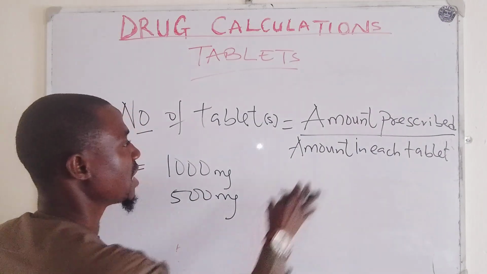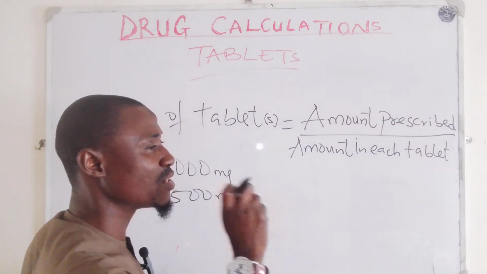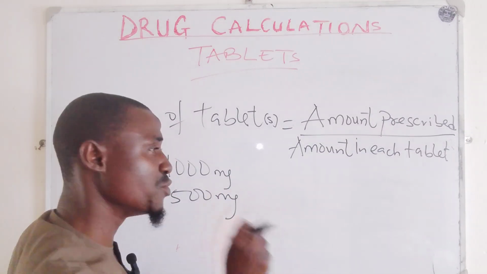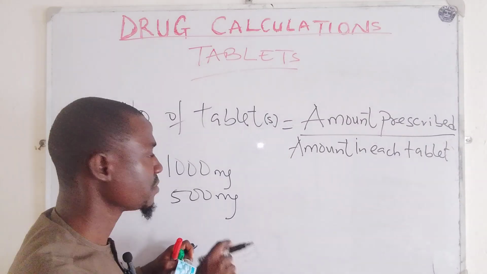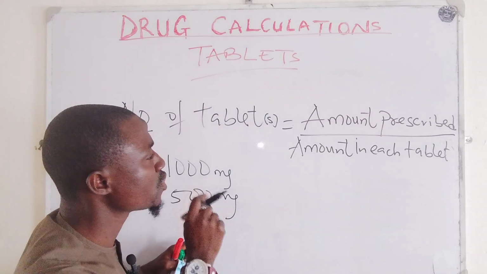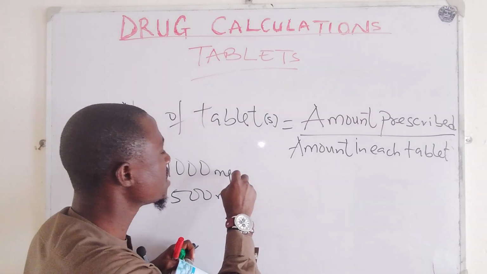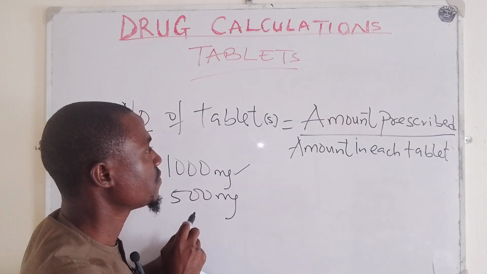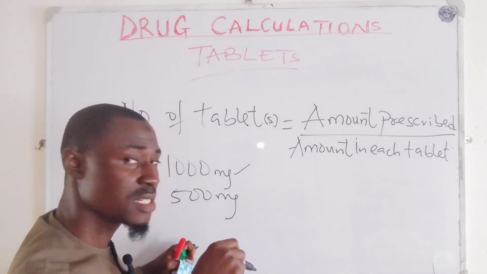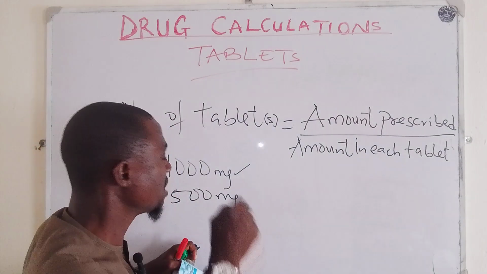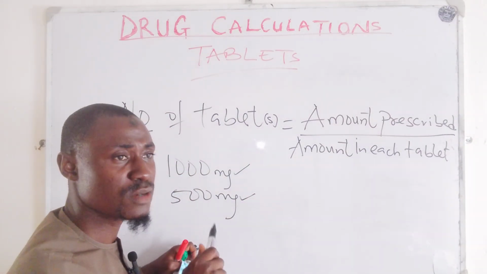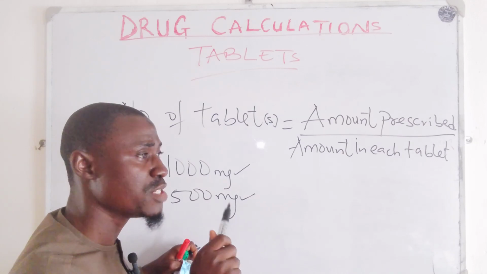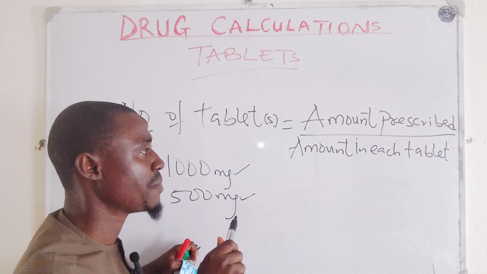I can apply this formula to get the number of tablets I'm going to remove to administer to this patient. What I was saying previously is to always ensure that the unit for the amount prescribed is the same as the unit of the amount in each tablet.